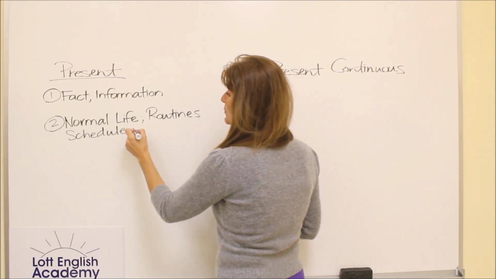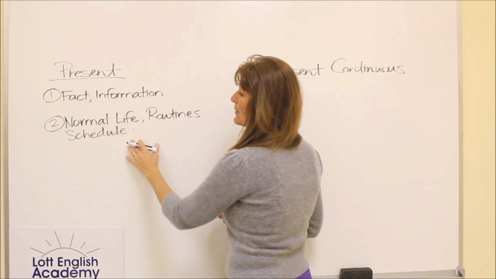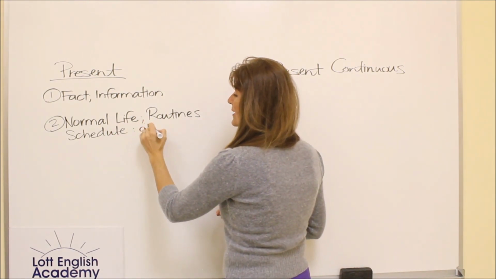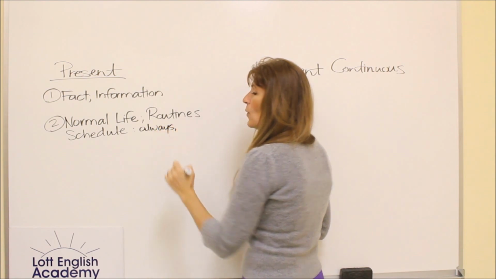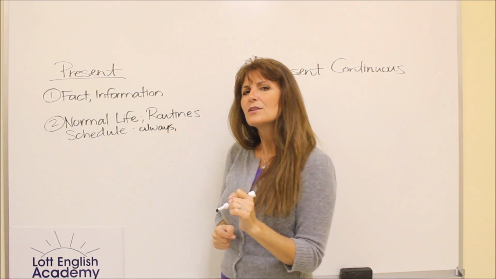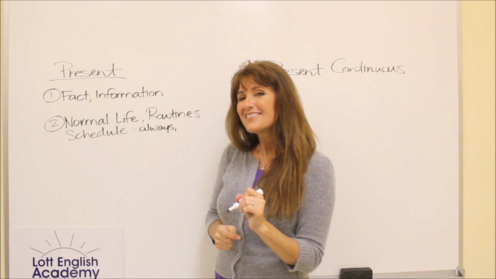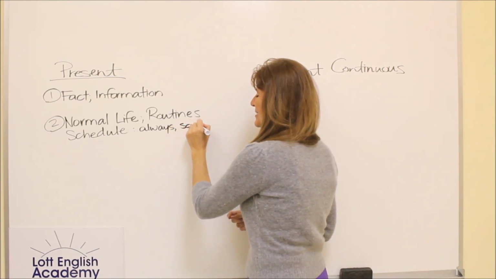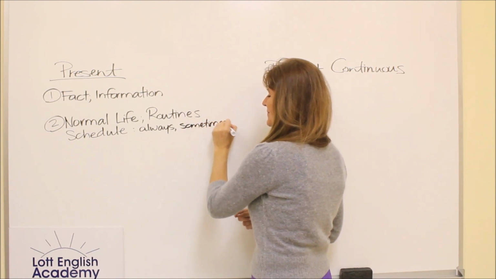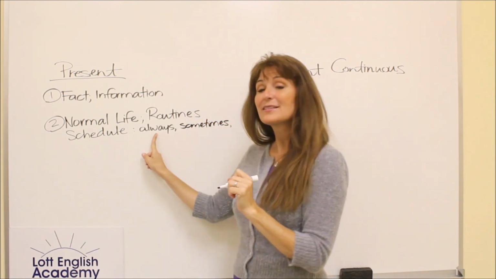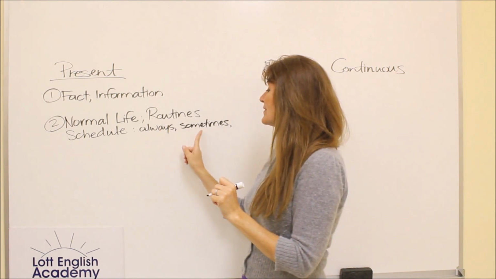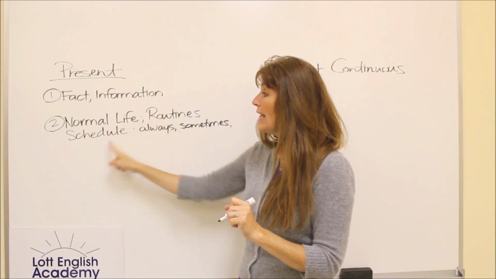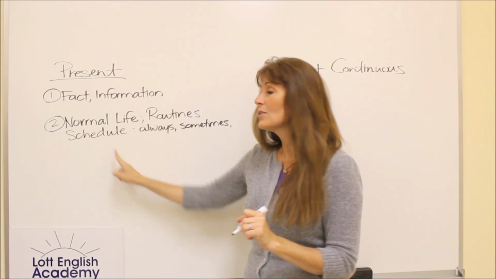Some words to help you know that we're talking about the routine, the schedule, normal life would be words like always, or what other words could we use? Have any ideas? What about sometimes? Right? When you describe things that you always do or things that somebody does sometimes, that's their normal life, their routine, their schedule.